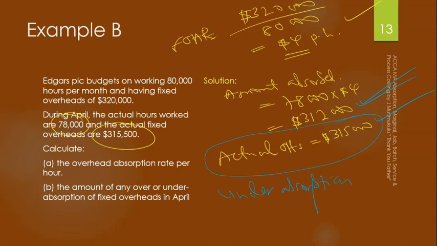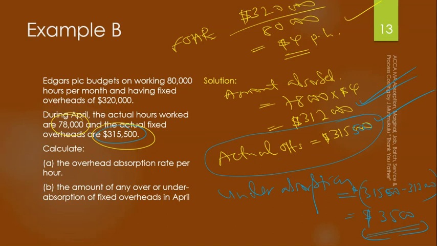Of 315 thousand minus 312,000. These are in dollars. There is a 500 here. Remember, 315,500. So we are going to have a 3,500 difference as the under-absorbed.